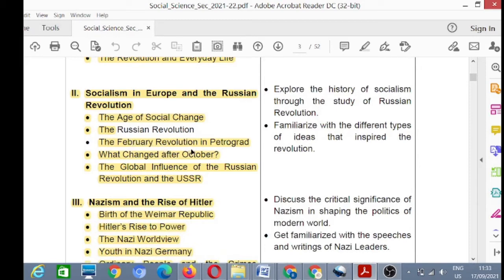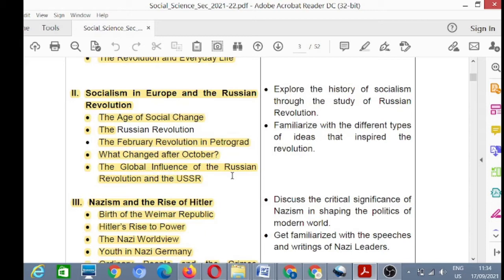The February Revolution in Petrograd. What changed after October, from February to October?